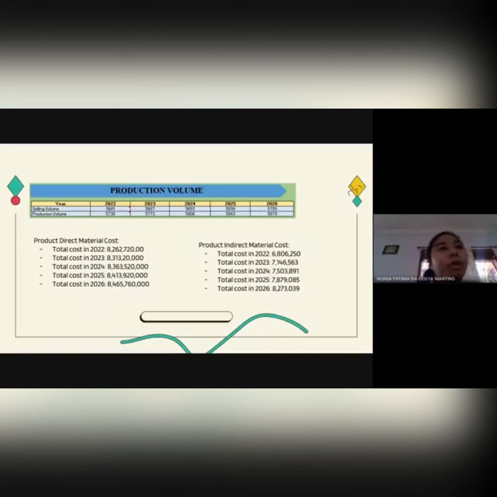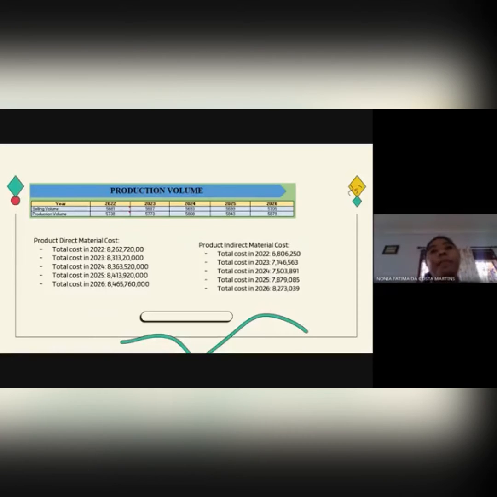From the product direct material total cost in 2022, we get 8,262,000 and 720 rupiah. And from the total cost in 2026, we get 8,465,000 and 760 rupiah.